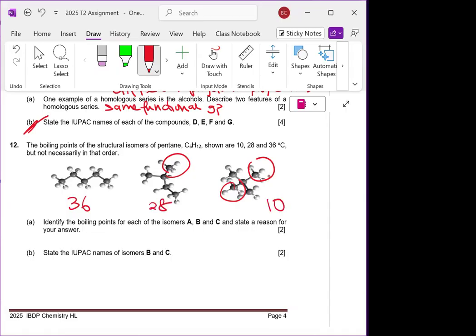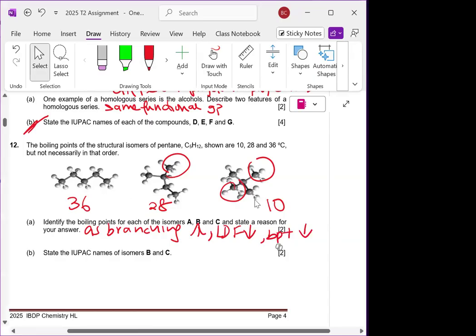Heavier branching or more extensive branching will be lowest boiling point, 10 degrees. So the reason why we assign in this way is because as branching increases, London dispersion force will decrease and the boiling point will decrease.